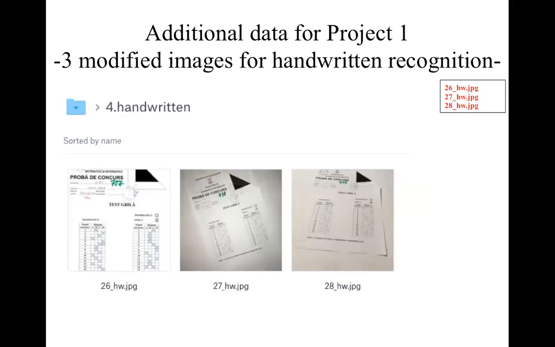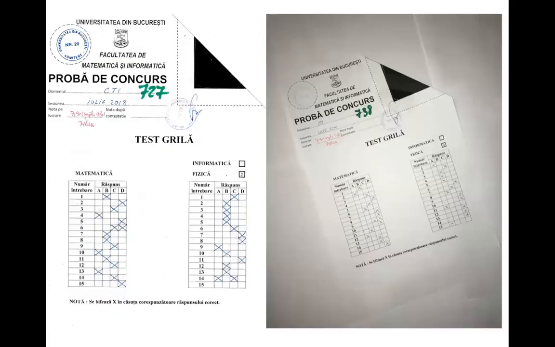To all these 3 images, I played with some pixels in Paint or in GIMP, I don't remember which I used, such that if you employ a perfect automatic solver for detecting the X marks and finding a way to compute the grade, it will not be the same as the one that is handwritten there.